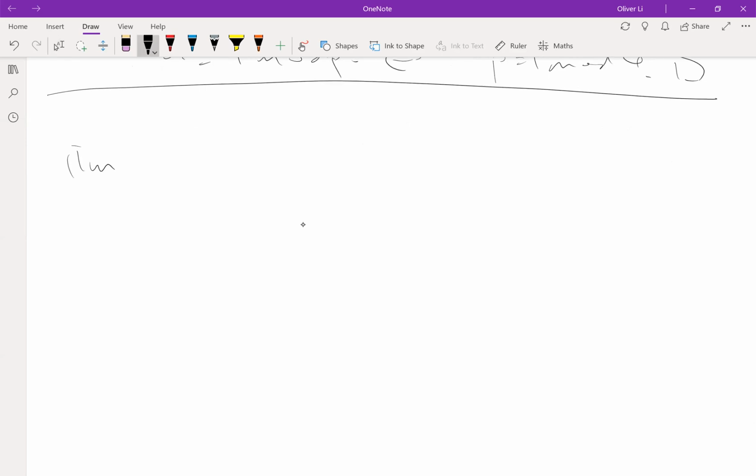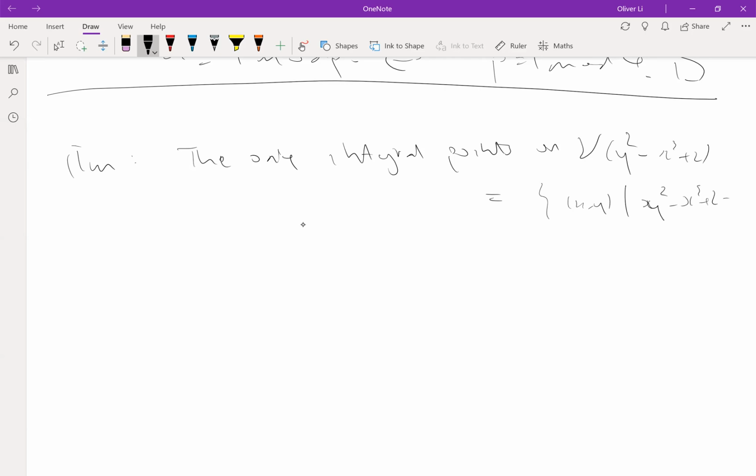Theorem: the only integral points on the variety defined by y squared minus x cubed plus 2 equals 0 are (3, plus or minus 5).